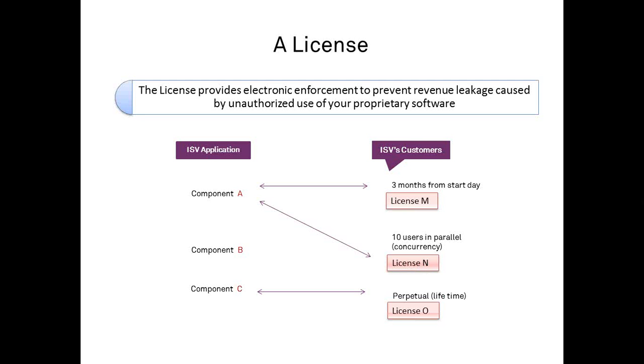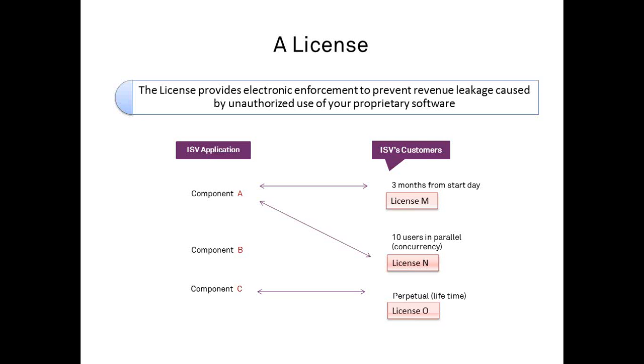It says I'm allowing 10 end users to work with my license in parallel. This is called concurrency. And for instance, in license O, I provide a license of type perpetual, meaning that it never expires. This license can be used forever. Of course, there are many other combinations that I can, as an ISV, provide in every license.